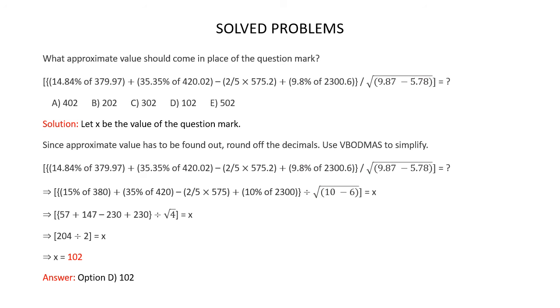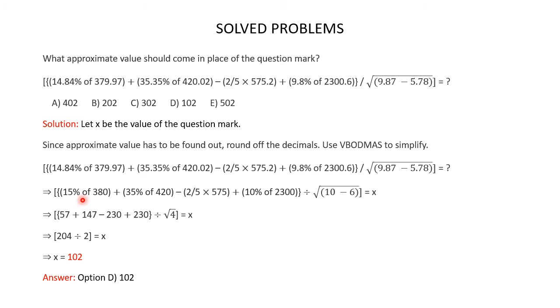So now you have the equation as 15% of 380 plus 35% of 420 minus 2 by 5 multiplied by 575 plus 10% of 2300 divided by square root of 10 minus 6 is equal to x. So here the first order of operation is to solve whatever is given within the brackets, and among the brackets first solve whatever is given within the round brackets.